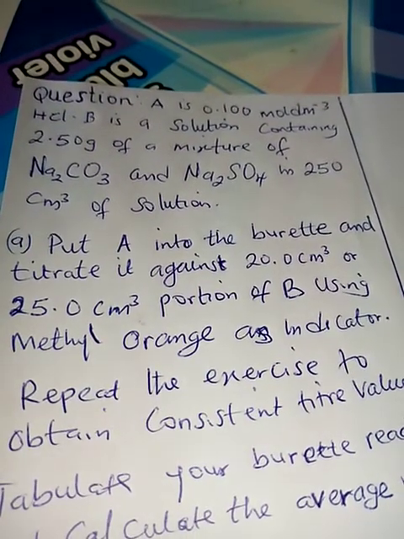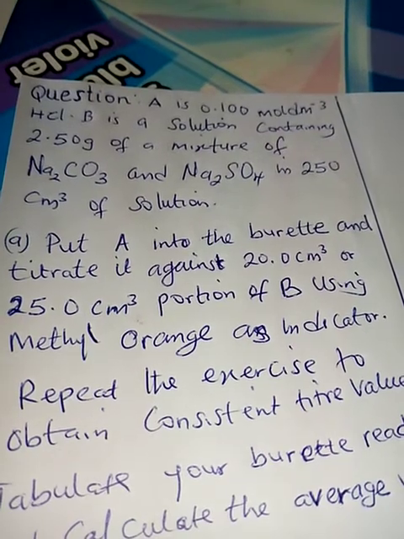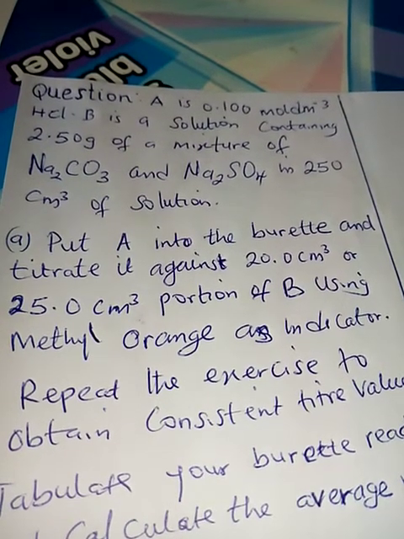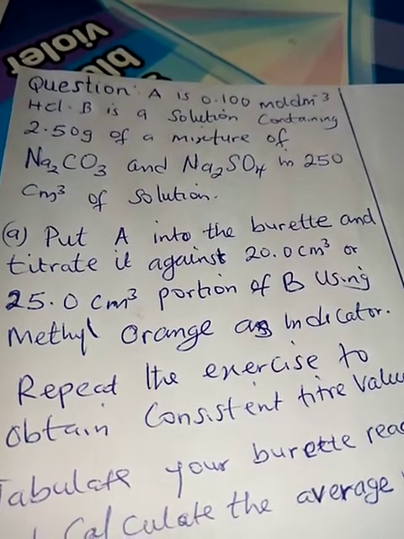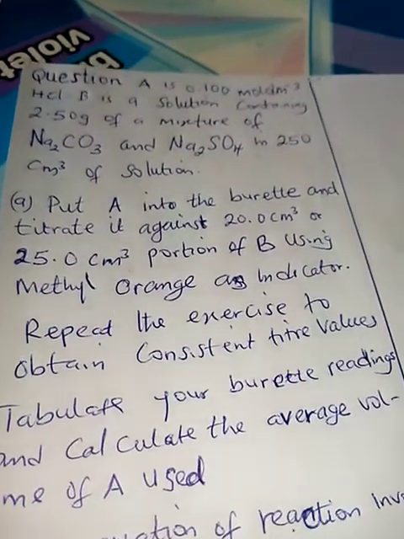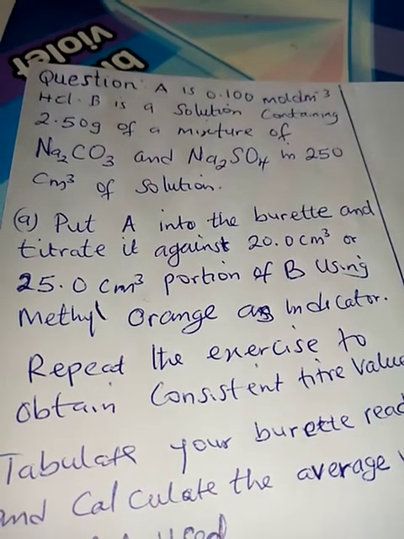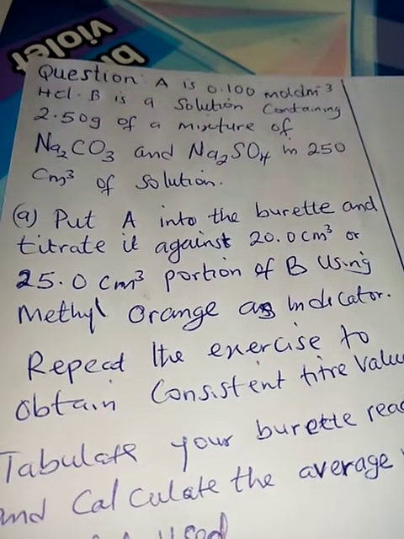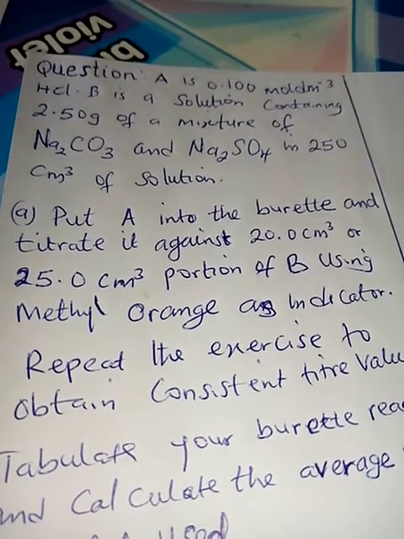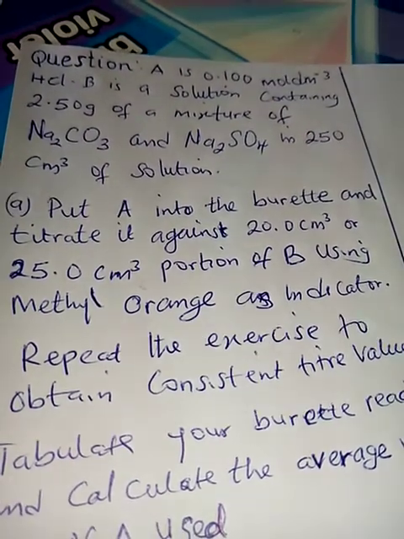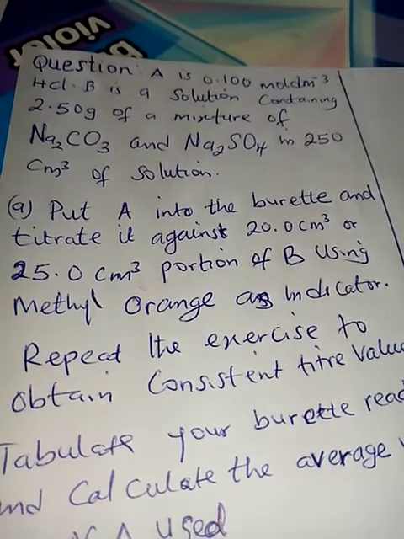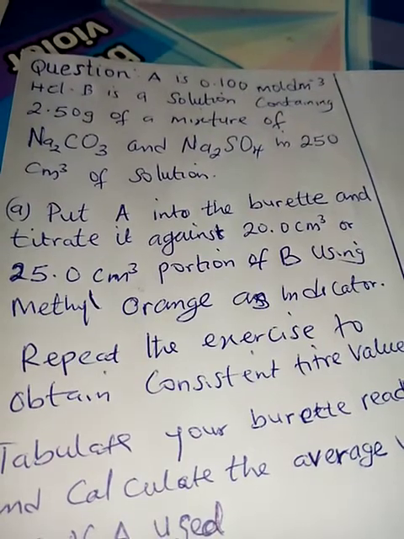The question goes thus: A is a 0.100 mole per dm cube HCl. B is a solution containing 2.50 gram of a mixture of Na2CO3 and Na2SO4 in 250 cm cube of solution. Now we have to take note of this, that this solution is not in mole in 1 dm cube.